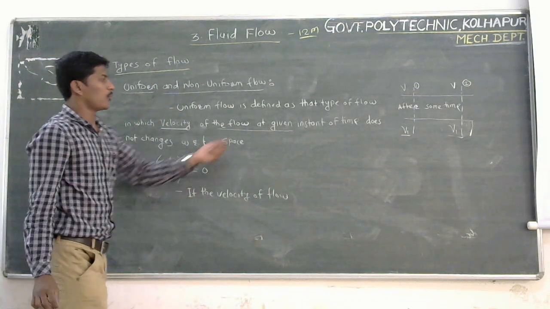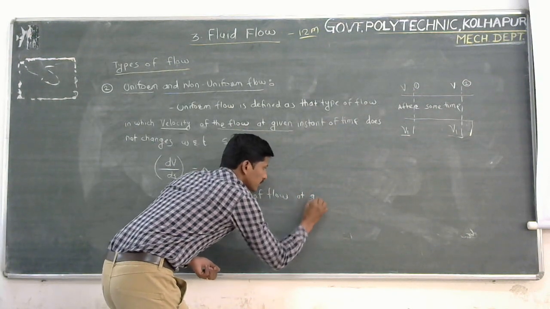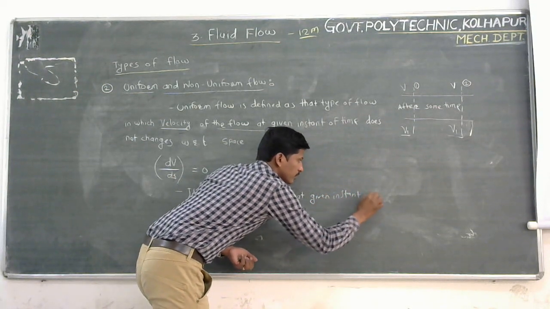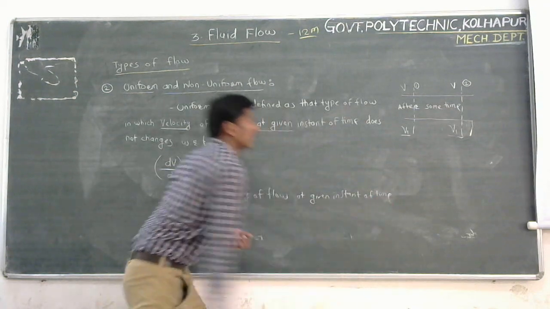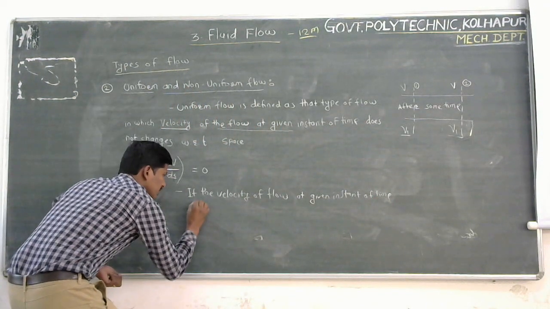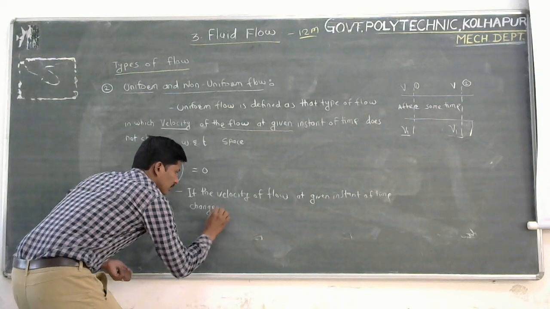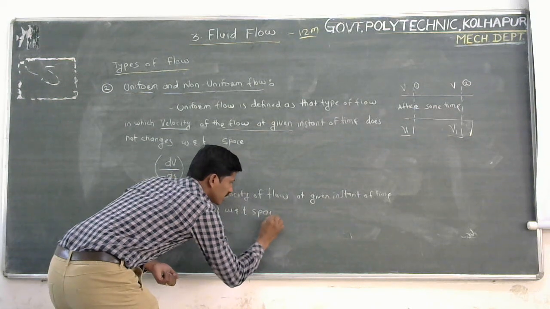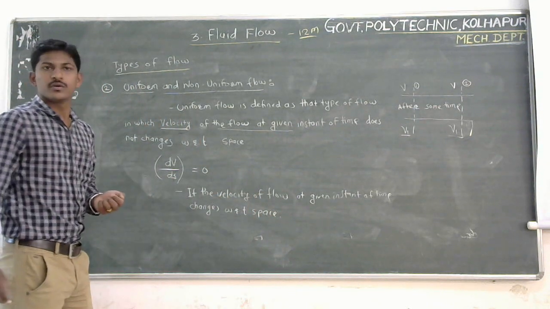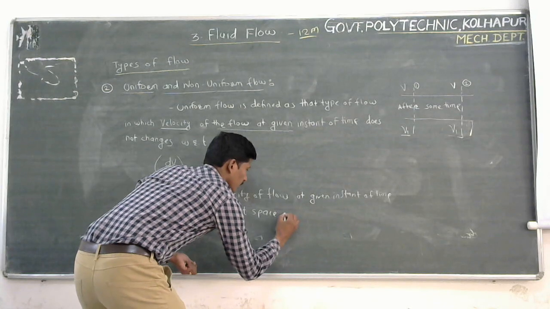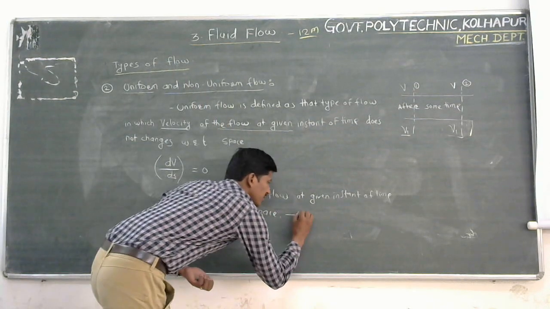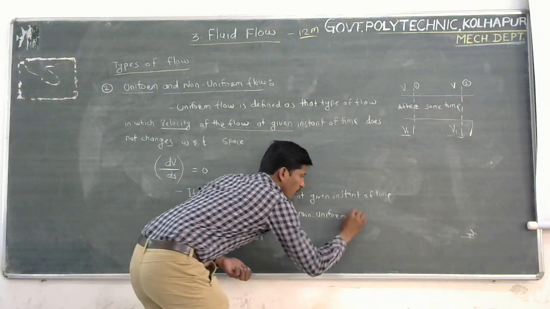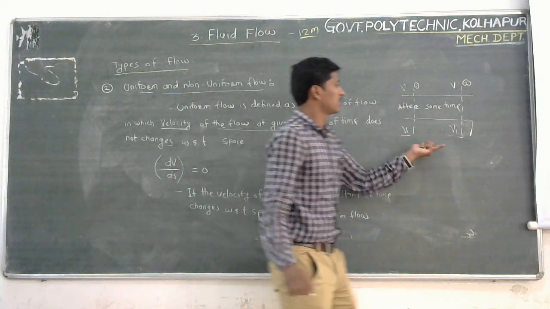If the velocity of flow at a given instant of time changes with respect to space, then it is non-uniform flow. It means what? In this, what does it mean?